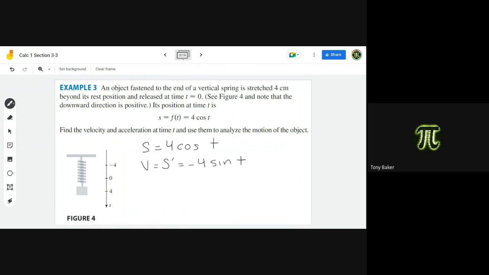All right, so that's my velocity. What's my acceleration? It's the second derivative, which would be what? -4 cosine t. And the jerk would be the third one, which would be 4 sine t.